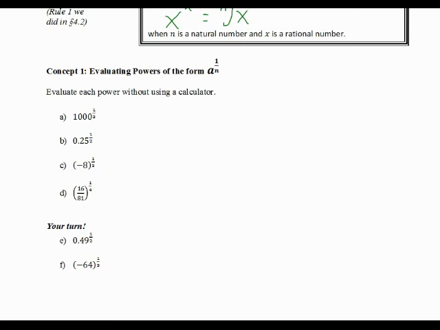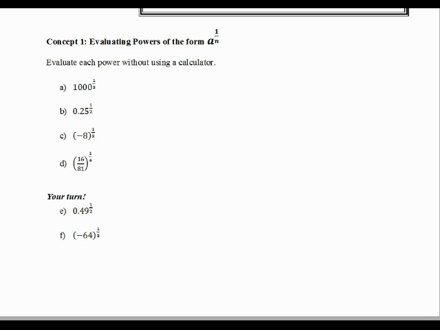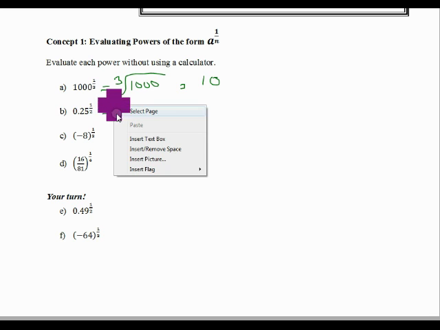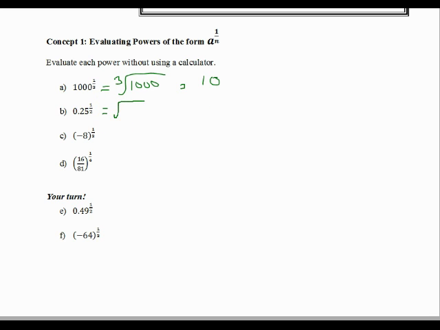Okay, so evaluate each power without using a calculator. So 1,000 to the 1/3 is the same as the cube root of 1,000, which we should recognize is 10. And 0.25 to the 1/2 is the same as the square root of 0.25.